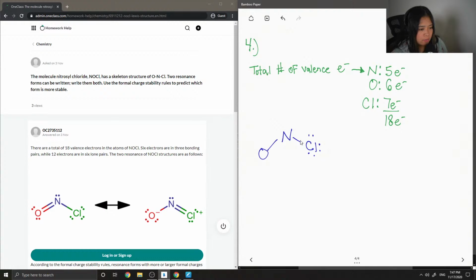So that gives us 1, 2, 3, 4, 5, 6, 7, 8, 9, 10 electrons so far. I'll draw a double bond on the oxygen to give us 12. And then 13, 14, 15, 16, 17, 18 electrons total. So this is one of the resonance structures that you could have.